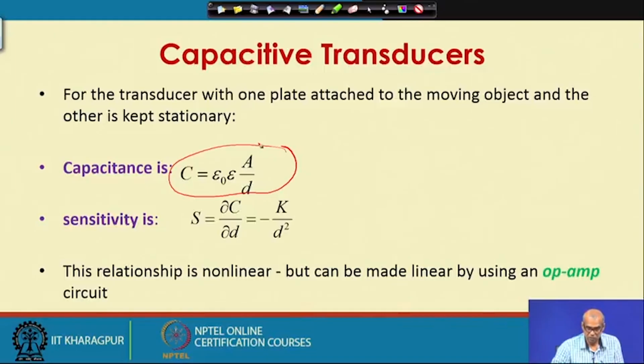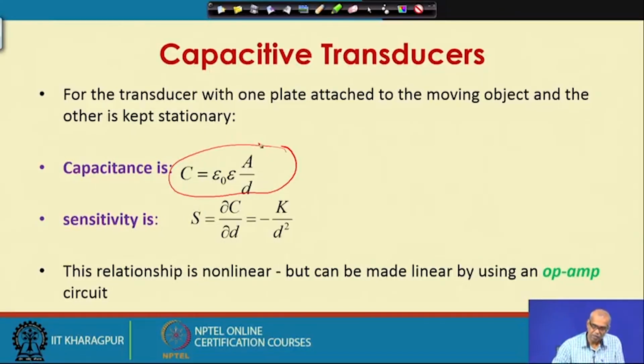Now, the sensitivity, if you remember, is the change in output divided by change in input. Output from the capacitive transducer is capacitance and the input is, let us say, the distance between these two plates.